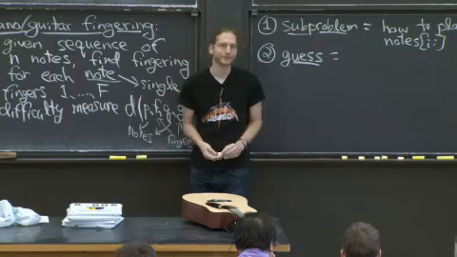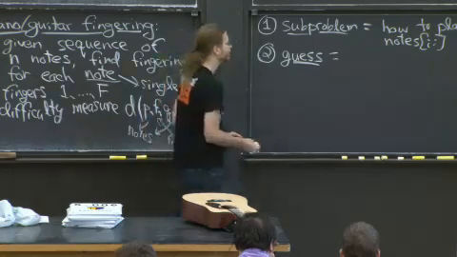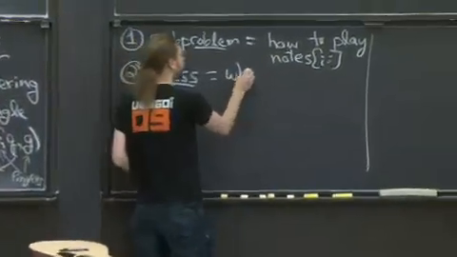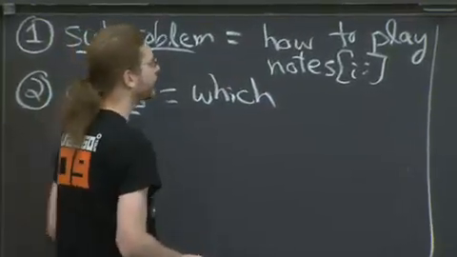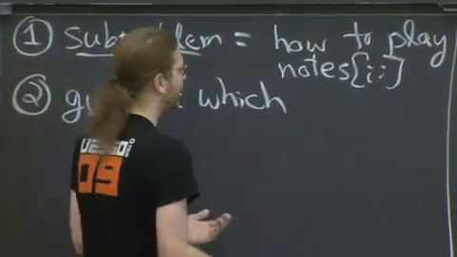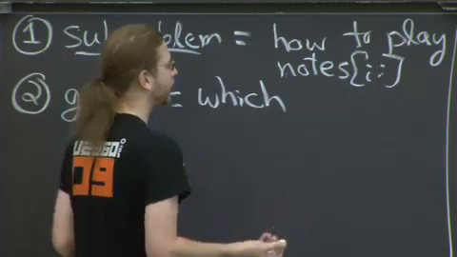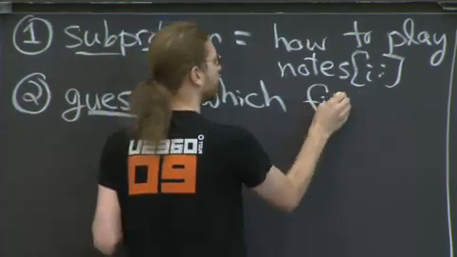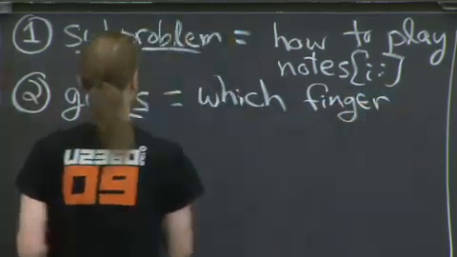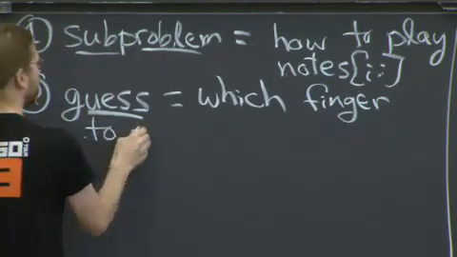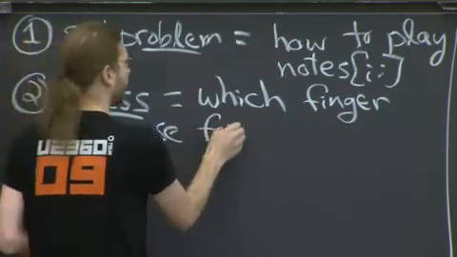Yeah? Maybe which finger to use for note i? Yeah, which finger to use for note i? Our whole point is to assign fingering. The first note here is i, so let's think about i. What could you do for i? Well, try all the possibilities. Which finger to use for note i?